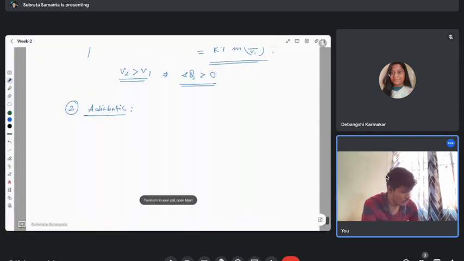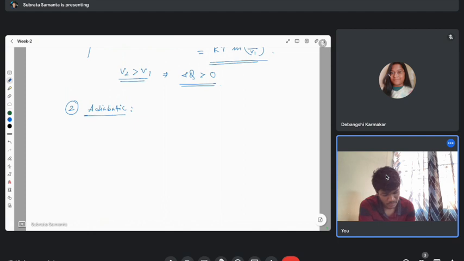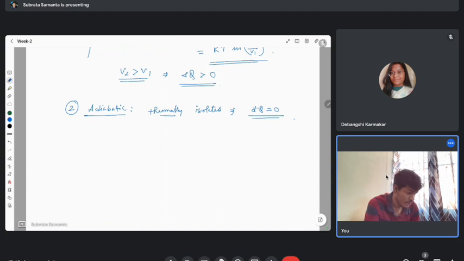So in this case, the process is thermally isolated. This implies that dQ equals 0, right?